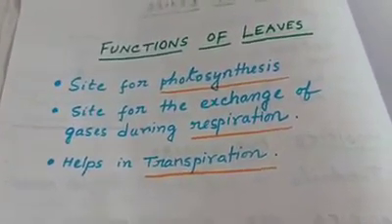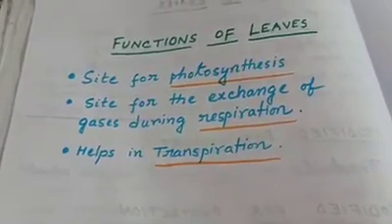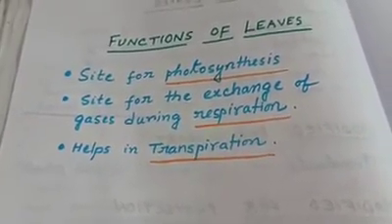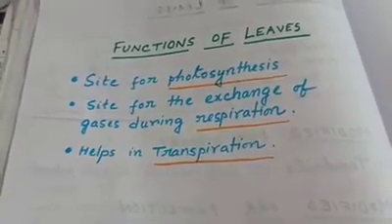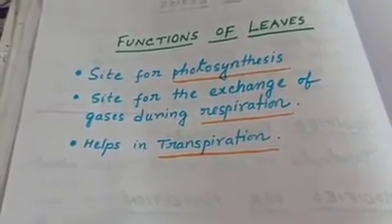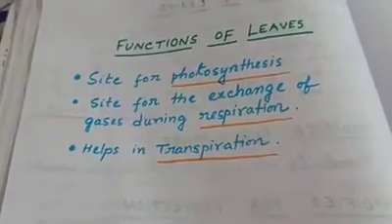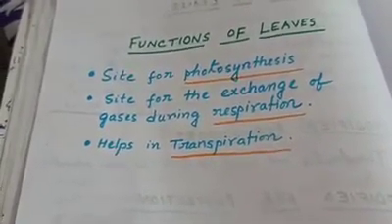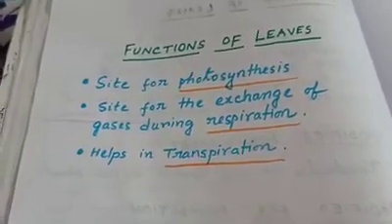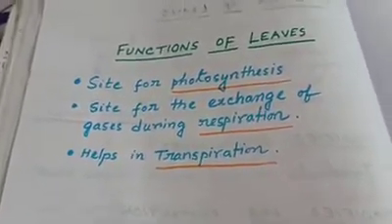Those three are the main functions of the leaves, and other than that you can mention the modifications of leaves, such as help in vegetative propagation, support, protection, and all that. Those are the main functions of the leaves.